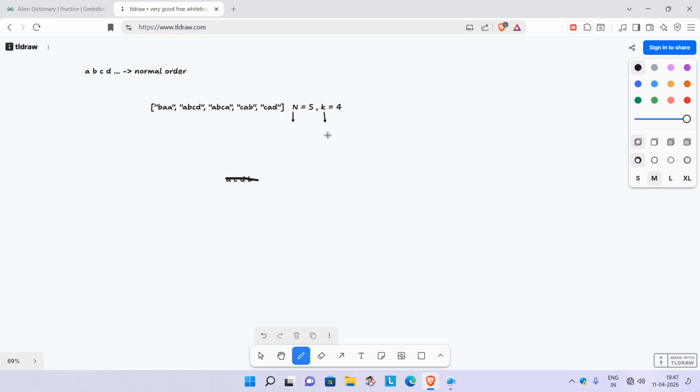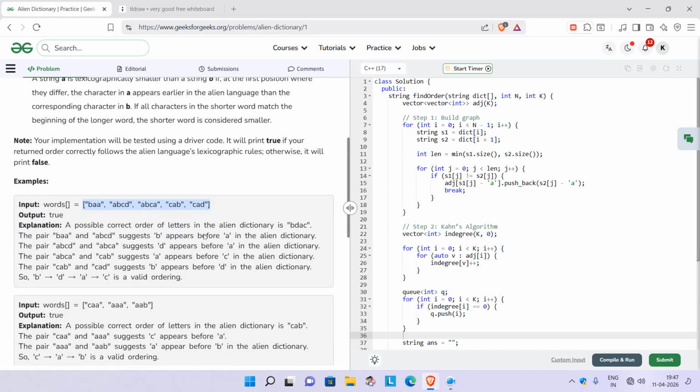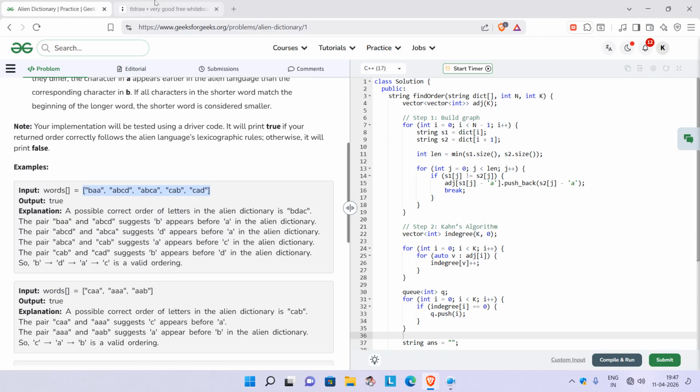At every step we have to figure out the ordering of the characters, and we are given the sorted dictionary according to the alien language. So what's the idea behind this?